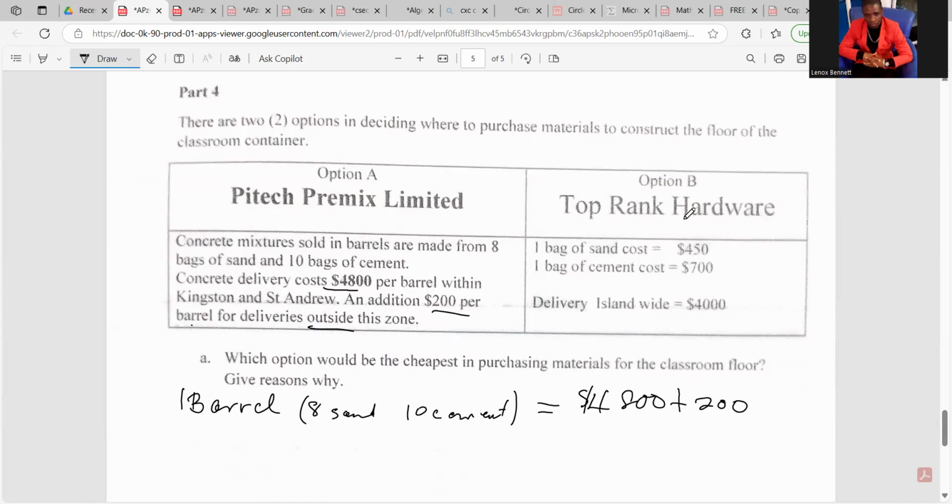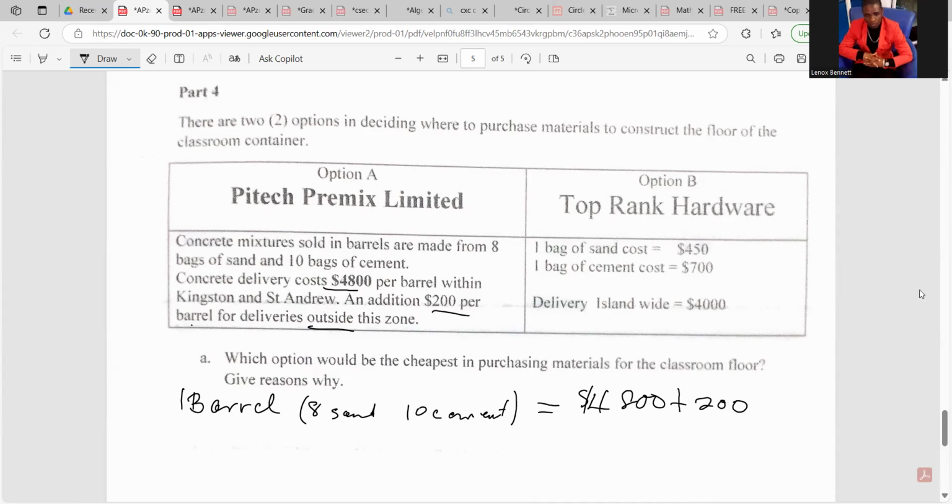So now the other option sells 1 bag of sand for 450, 1 bag of cement 700, and delivery island wide 4,000. Which option would be the cheapest in purchasing the material for the classroom floor? Now bear in mind, we need to know how many bags we need, right?